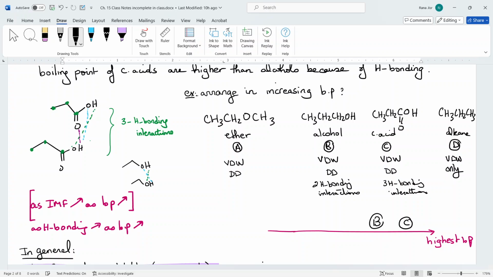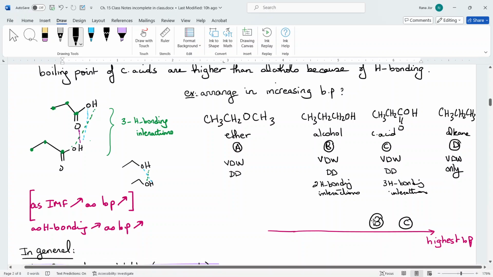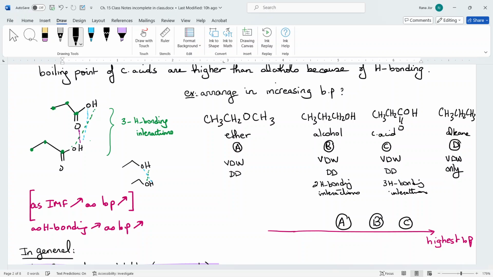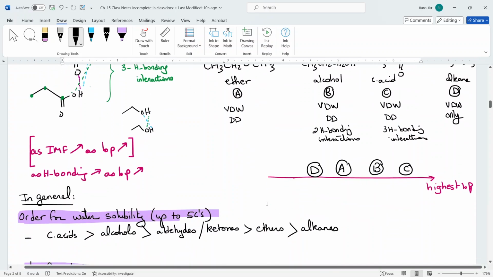After that comes the alcohol, which has a lower boiling point than the acid but is still high compared to the ether. And the least one is the alkane, which is going to be D. Remember that as the intermolecular forces increase, the boiling point is going to increase. What determines the boiling point is also the hydrogen bonding. The functional group that has the highest amount of intermolecular forces will have the highest boiling point.